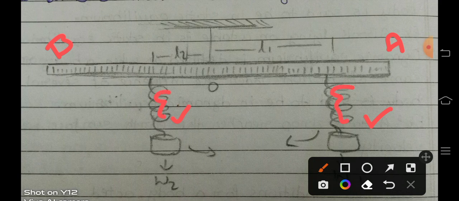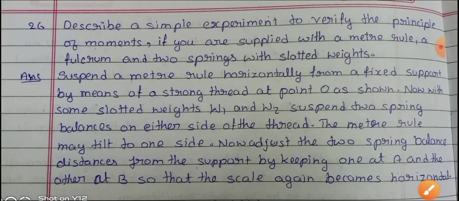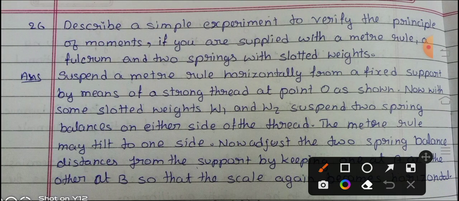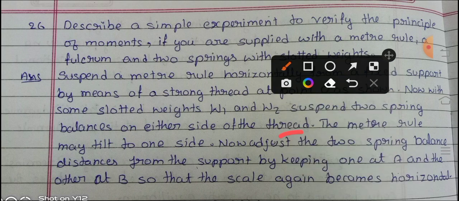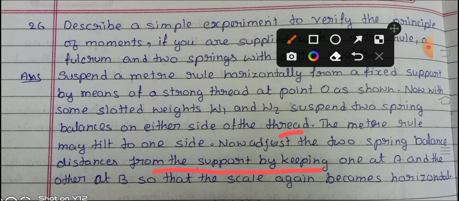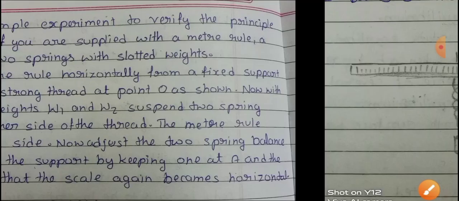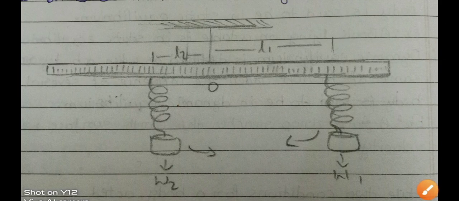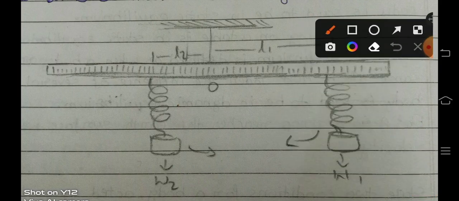Now what happens after suspending these? Suspending two springs on either side of the thread, the meter rule may tilt to one side. Now adjust the distance of the two spring balances from the support, keeping one at A and the other at B, so the scale becomes horizontal. So after suspending these two weights the scale started to tilt, but earlier it was horizontal.